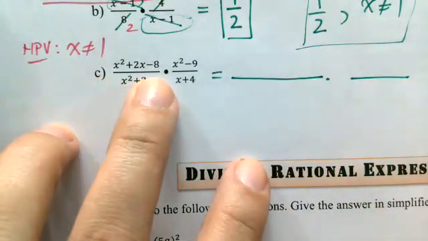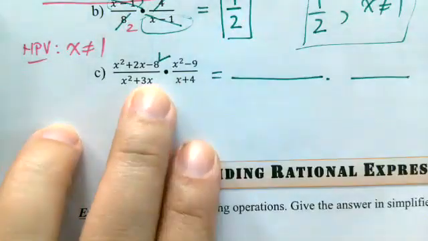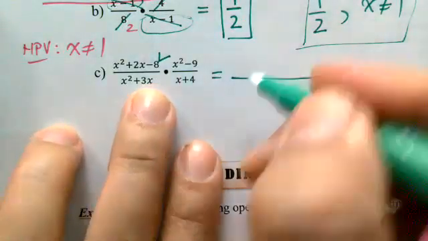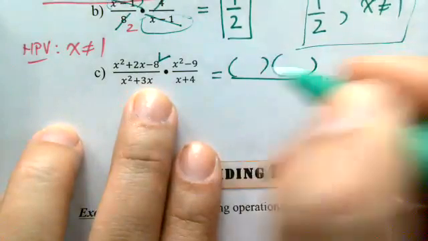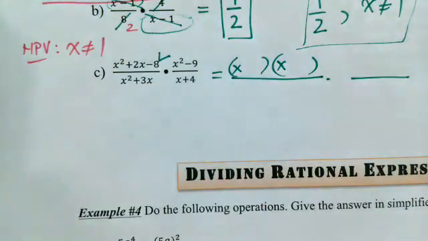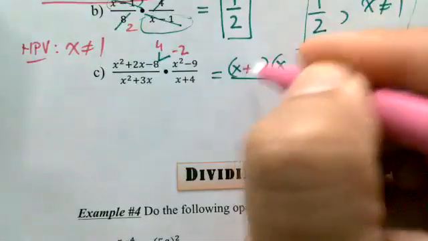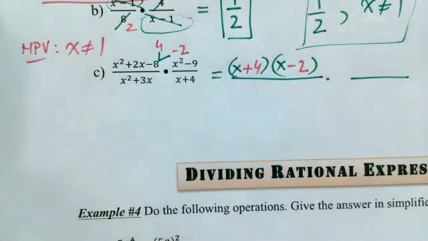So quadratic trinomial, two factors of -8 that add up to 2. Four and -2. So +4, -2.